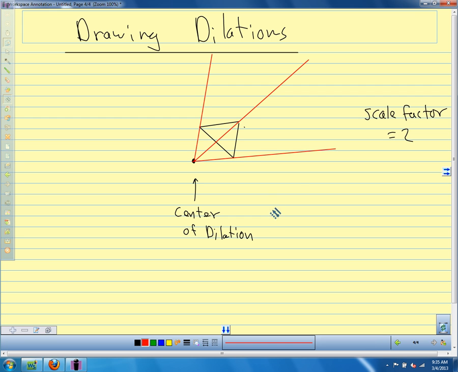And if my scale factor were negative, I would draw it, I'll do them in dotted blue lines. If my scale factor were negative, I would go from the vertex through the point in the opposite direction. So if my scale factor were negative, I would go the opposite direction.